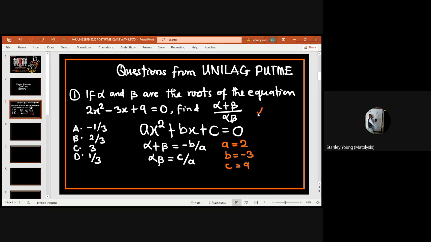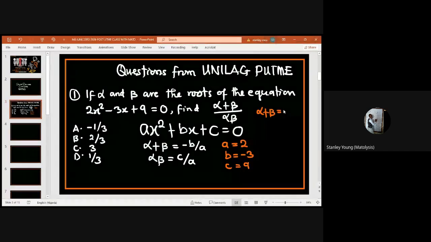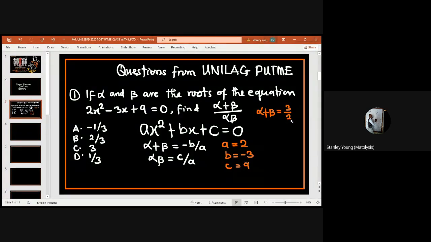Which means alpha plus beta is minus b over a, minus negative 3, that's 3, divided by a, which is 2. Alpha beta is c over a, 9 over 2. So now the question wants alpha plus beta divided by alpha beta. This is going to be 3 over 2 divided by 9 over 2.